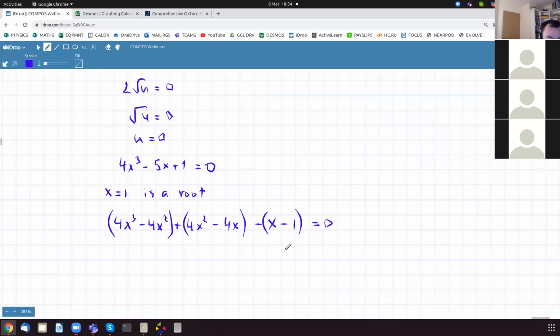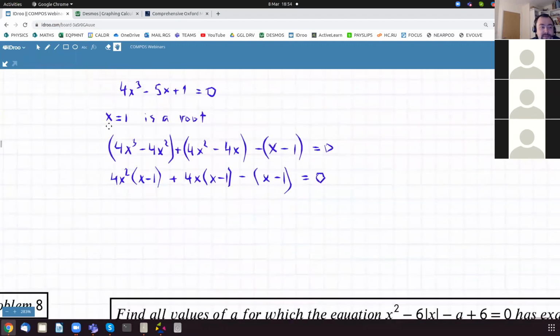Then I factorize the three terms, so 4x squared times x minus 1 plus 4x times x minus 1 minus x minus 1. This is an alternative to long division. And you get 4x squared plus 4x minus 1 equals 0.